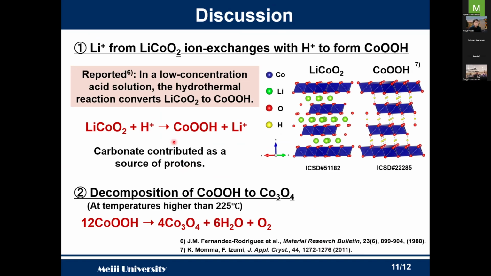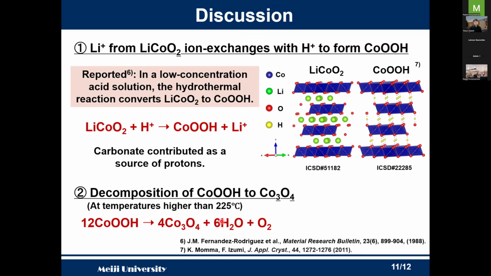Next, at temperatures higher than 225 degrees Celsius, thermal decomposition of cobalt hydroxide to cobalt oxide occurs like this.